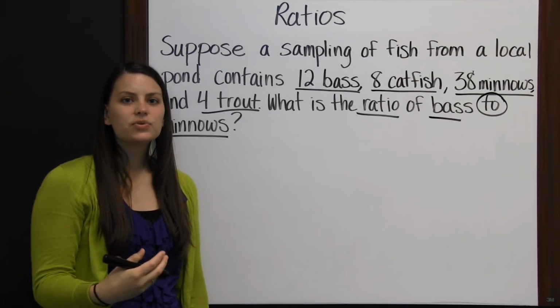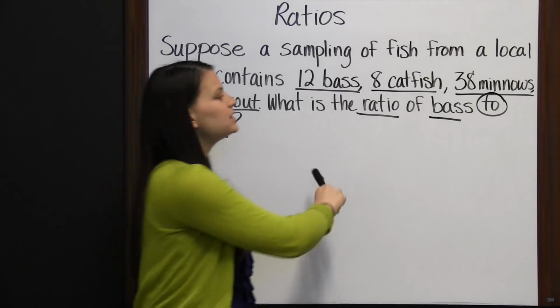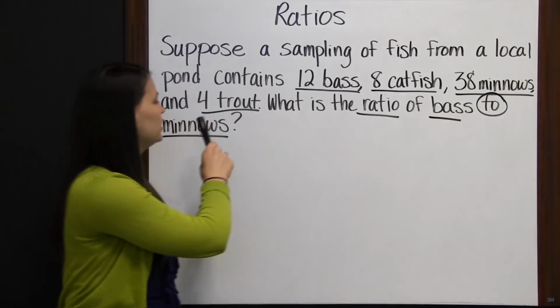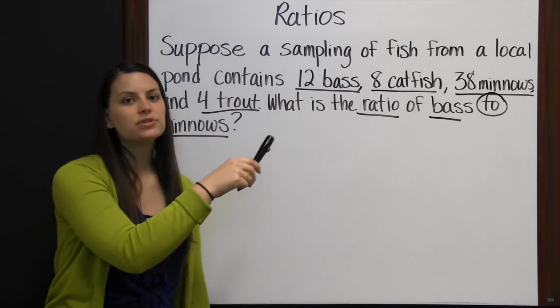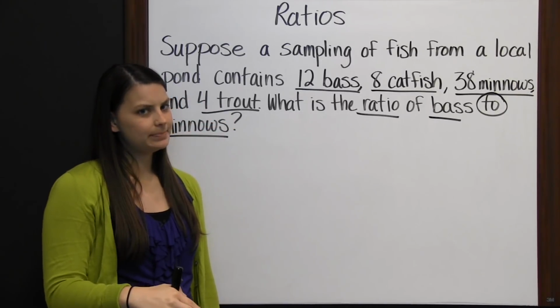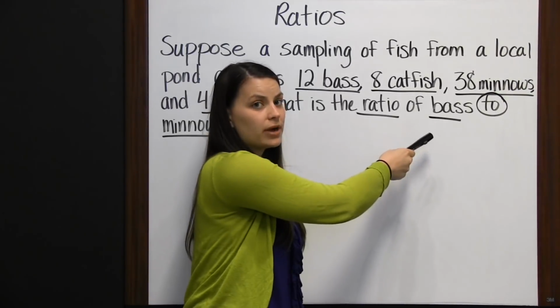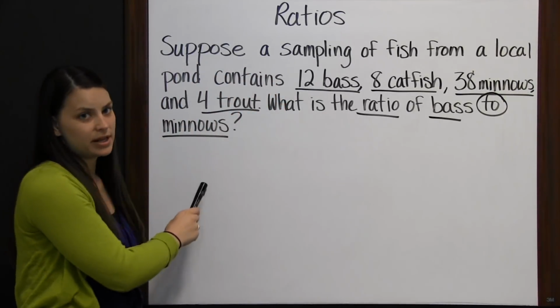Now, when they ask you this question, they're telling you exactly how to set your ratio up. Since it says bass to minnows, we read left to right. We also read from top to bottom. Since a ratio is a fraction, then they're telling you what your numerator should be and what your denominator should be.